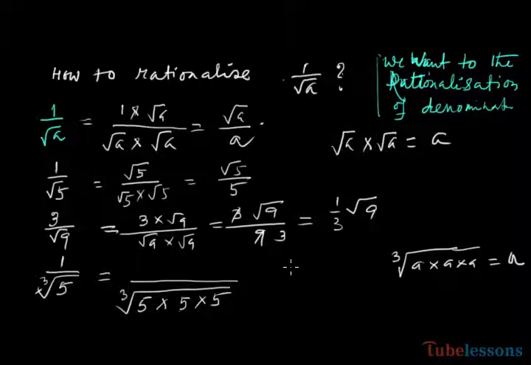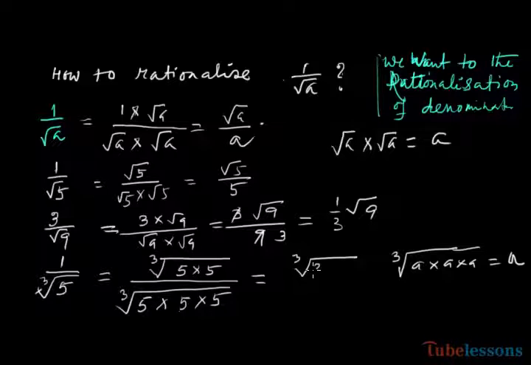Two 5s are needed to make it a perfect cube root. So the numerator is also multiplied by 5 into 5. So this becomes cube root of 25 by 5. This way we are rationalizing the denominator.